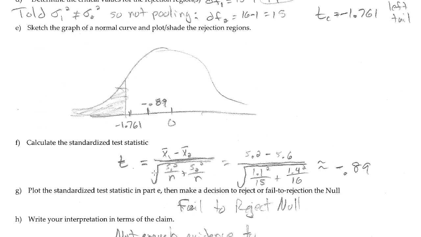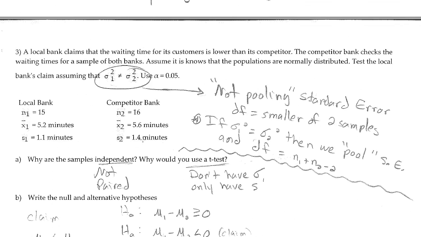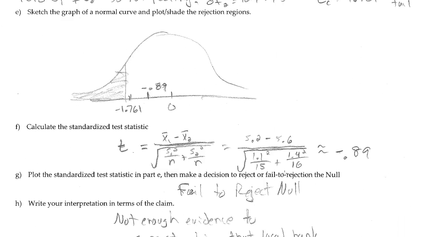If you look in your textbook, here's the formula we would see. We take the variance of sample 1 divided by its sample size, plus the variance of sample 2 divided by its sample size. And here's me plugging in all of this information, based on the summary statistics given. Doing this by hand with a calculator, I get negative 0.89.